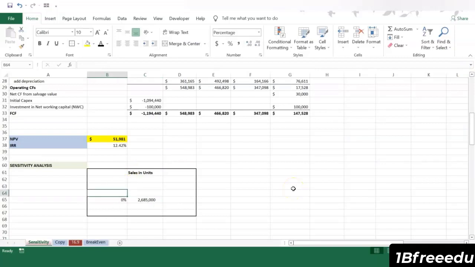And I would like to see what happens if my sales were 10 and 20% lower than the baseline and 10 and 20% greater than the baseline.